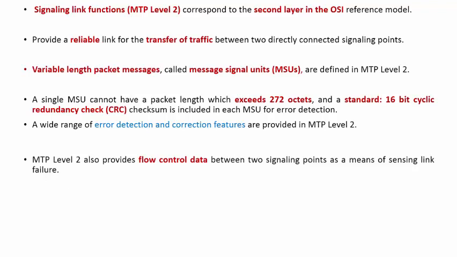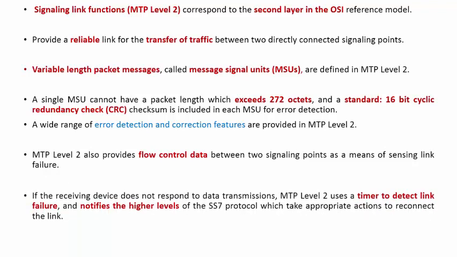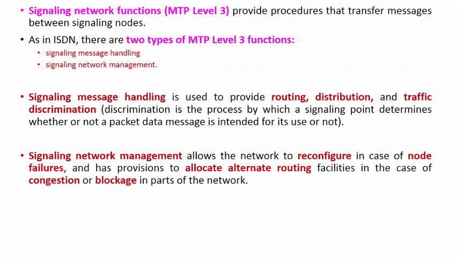This level 2 also provides the flow control mechanism between the two signaling points as a means of sensing link failure. If a link fails, then depending on the status of the media, MTP level 2 maintains the flow of the packets. If the receiving device does not respond to the data transmission, MTP level 2 uses a timeout to detect link failure and notifies the higher layer of the SS7 protocol, which takes the appropriate action to reconnect the link for the retransmission of the data packets.